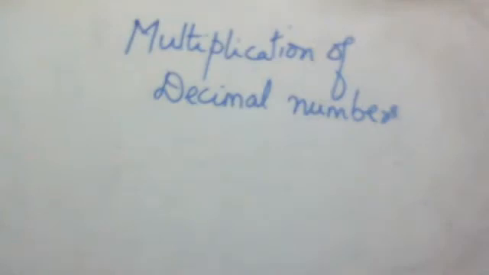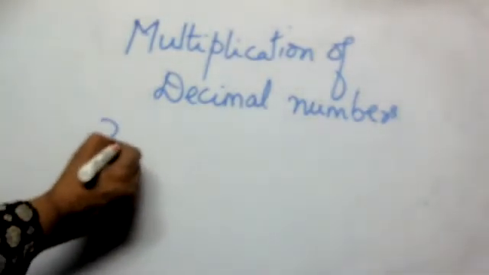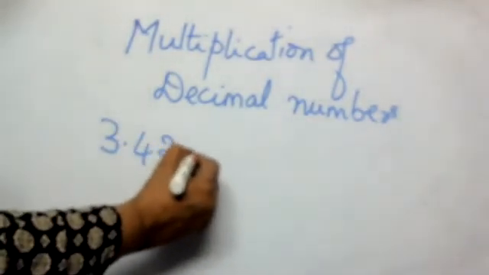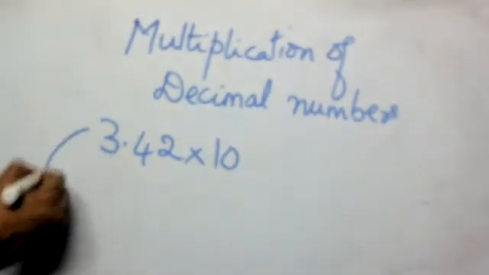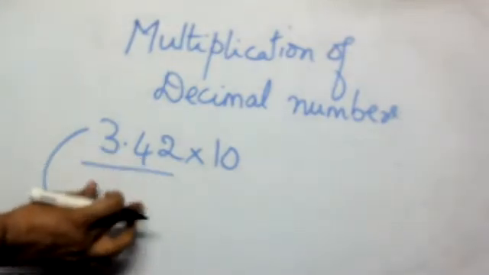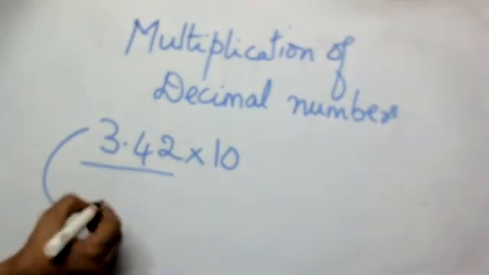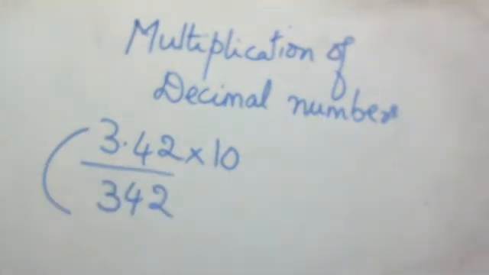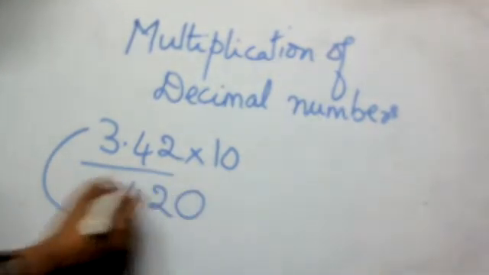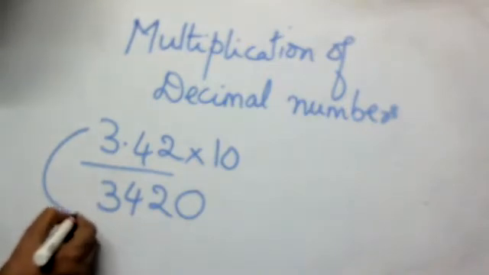Multiplication of decimal numbers. Suppose there is a decimal number 3.42 into 10. Okay. So for the first step, you just write the whole number as it is. 342. And multiplication means always adding zeros. You add the 0. This is the first step.